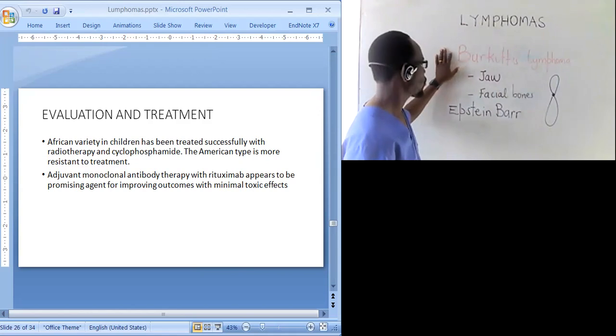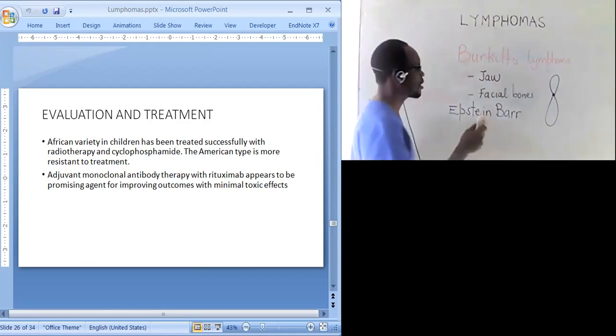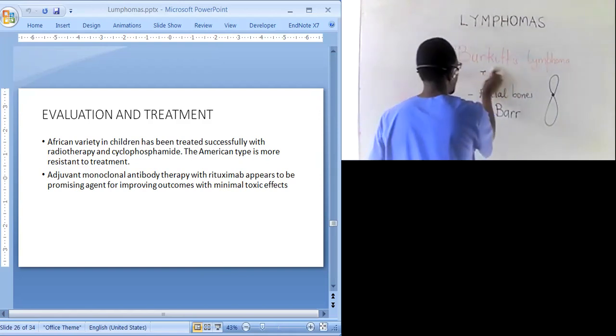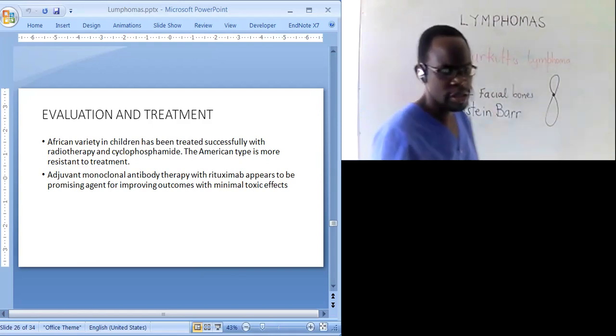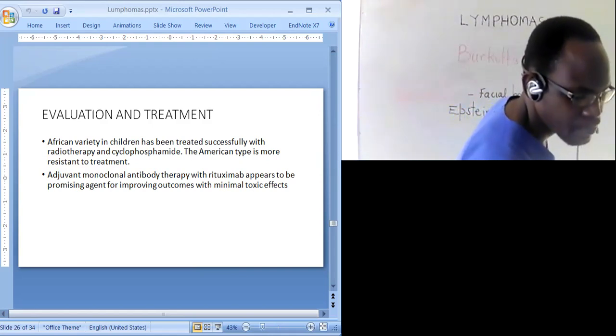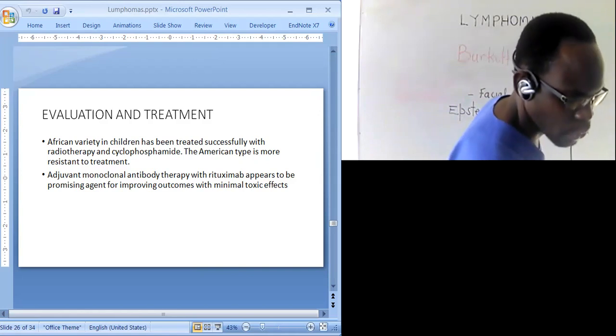Also within your course outline is another tumor. It's not a lymphoma. That tumor is called Wilms tumor.